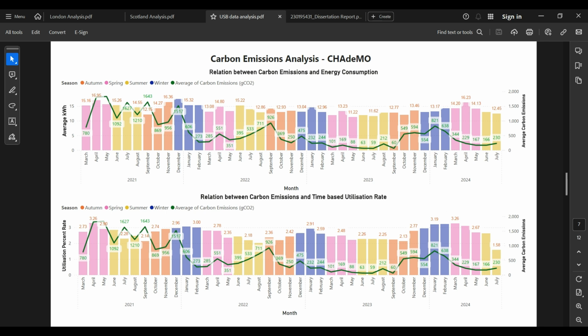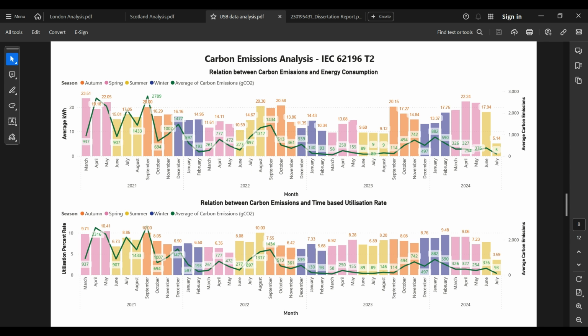And the carbon emission also have seen higher values in winter seasons of all these years. A kind of a similar trend is followed by the time based utilization rates, where winter and spring taking the lead in values compared to that of summer season.